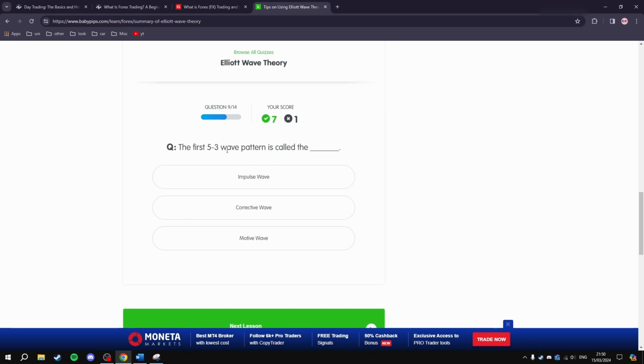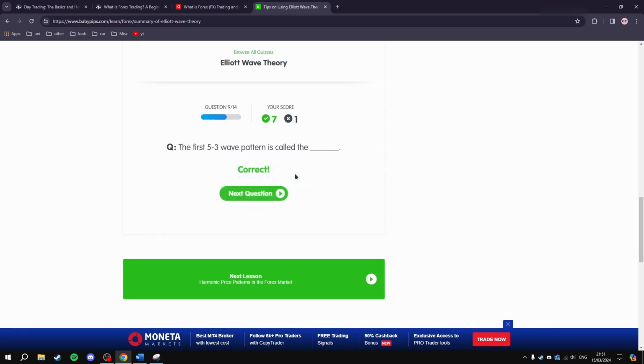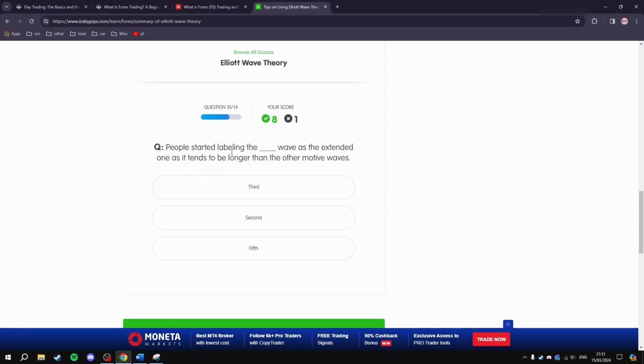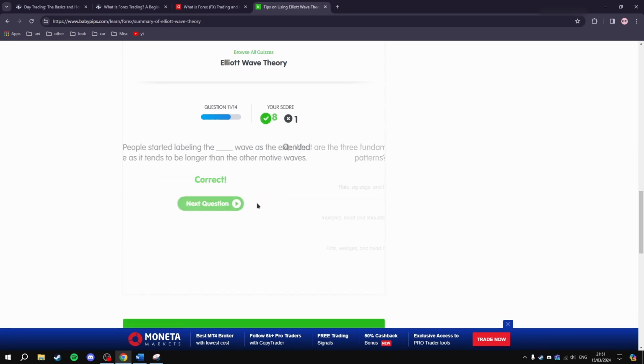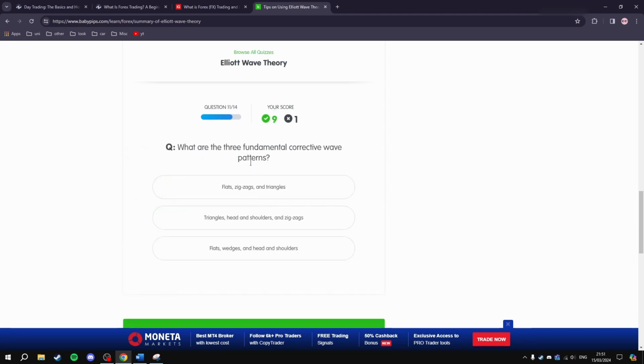The first 5-3 wave pattern is called the impulse wave. People started labeling the third wave as the extended one, as it tends to be longer than the other motive waves. What are the 3 fundamental corrective wave patterns? Flats, zigzags, and triangles.